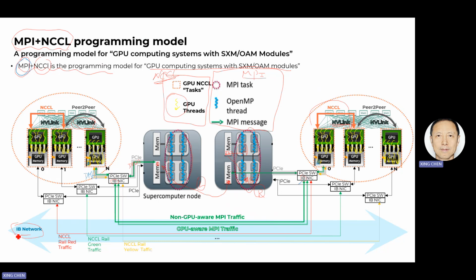You have only the InfiniBand network. So the communication has to go through this InfiniBand network. So the communication will be two paths. Intra-node communication between the tasks goes through the NVLink.